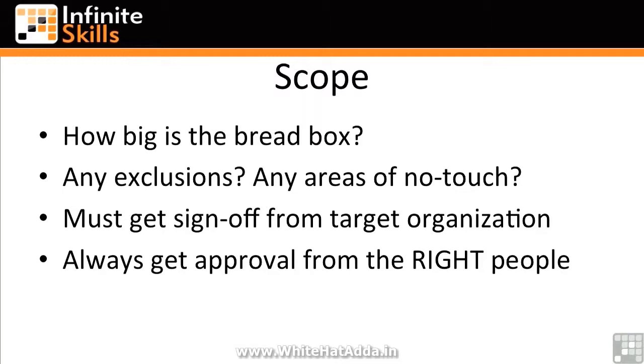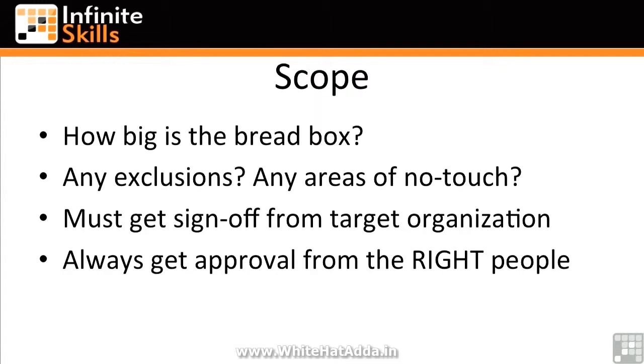And if they exclude them, trust their reasons and listen to what they have to say in terms of what they want you to accomplish. So along those lines, you really need to get sign-off from the target organization. We've talked about this before. This is certainly all about ethics and trust, and it's also about legality, because if you do something that you don't have permission to do, you could be prosecuted for that.